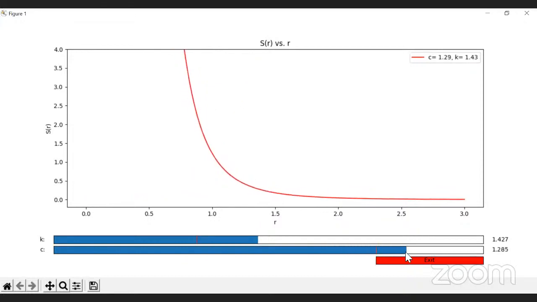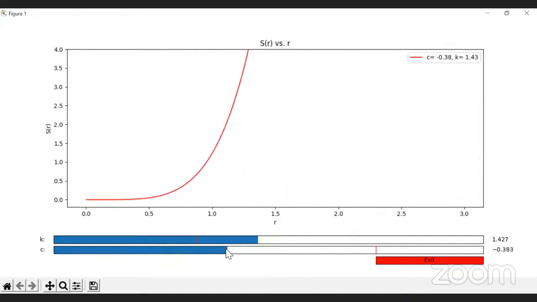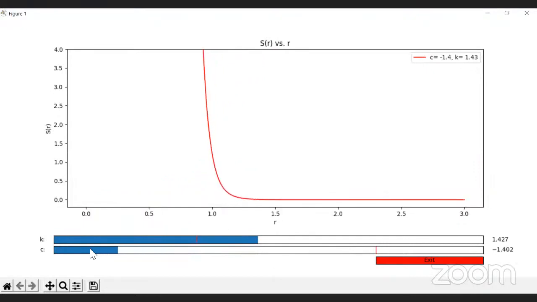Initially, in the positive region, the graph was of decreasing nature, but as soon as it enters the negative region, for a small region it changes its type to increasing, and then it again becomes decreasing in nature. Okay, so now we exit this example 1 and we will go to example 2. Just wait.